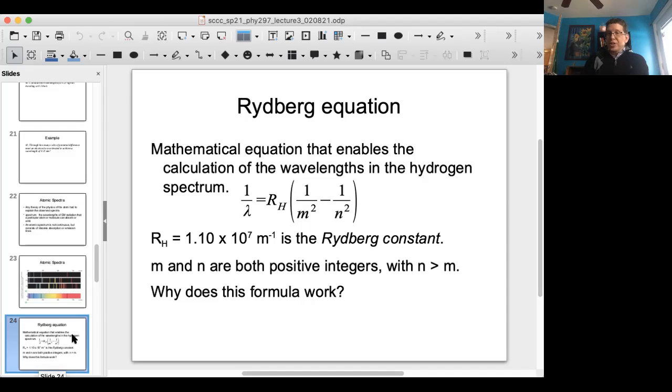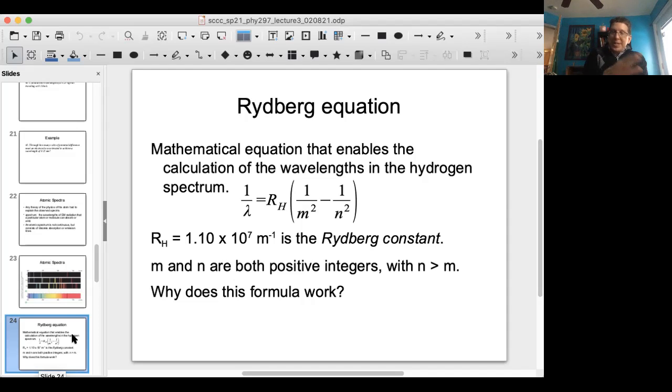N is the greater integer and m is the lesser integer. And so it effectively said that the photon is emitted when the energy goes from a state n, or higher energy, to a state m.